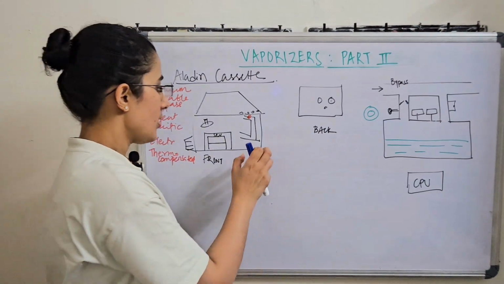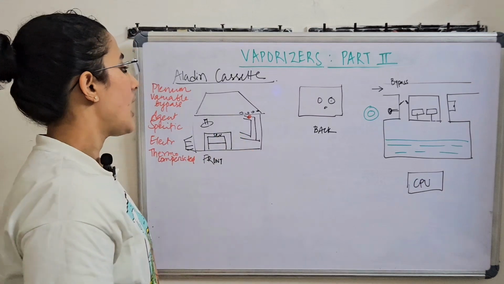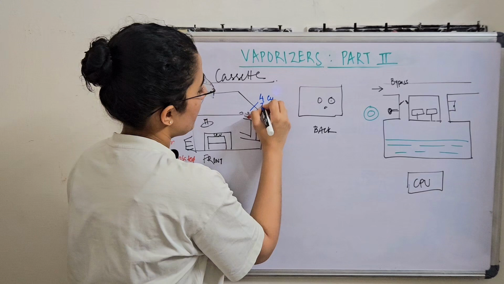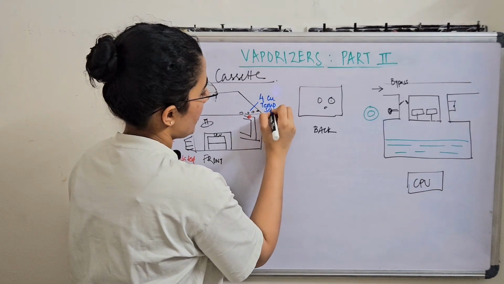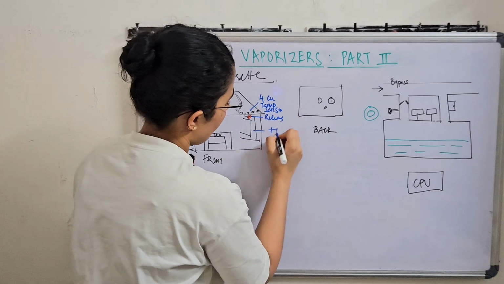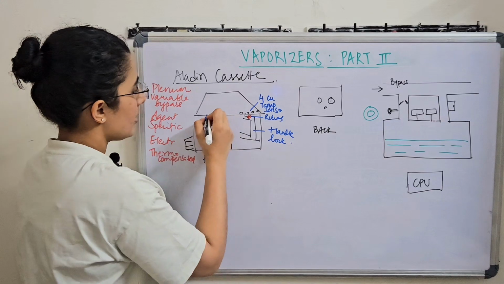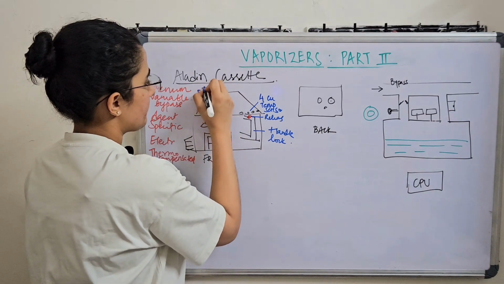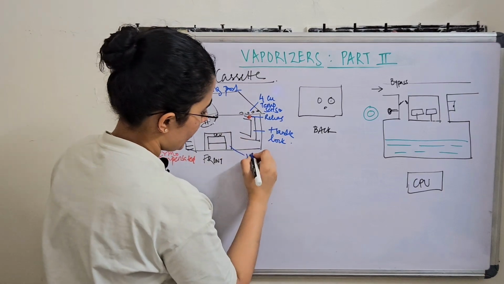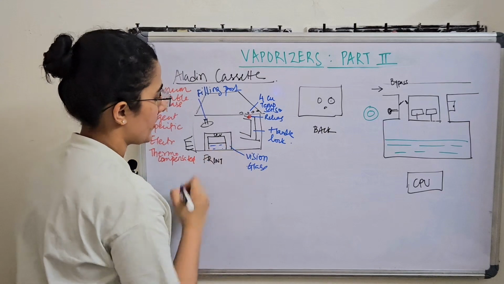Coming to how it looks, I have drawn a gross diagram. From the front, the Aladin cassette looks somewhat like this. It has 4 copper temperature sensors, a release button with a handle lock, the filling port, and the vision glass with the level indicator.